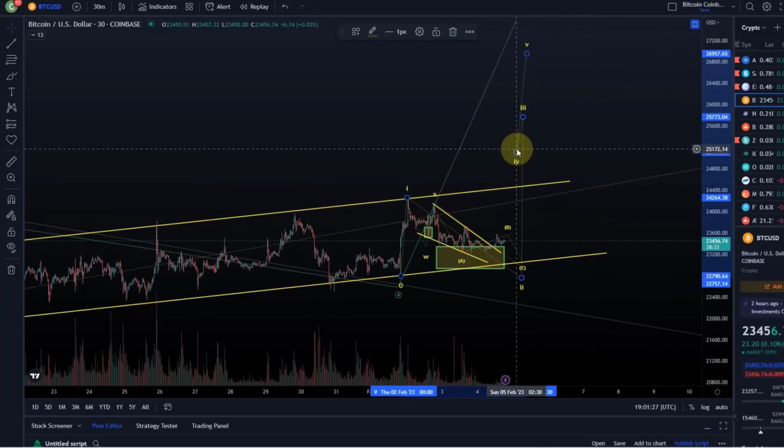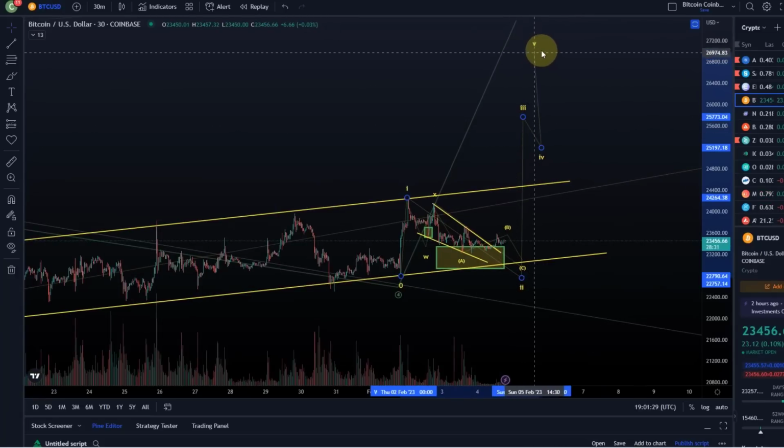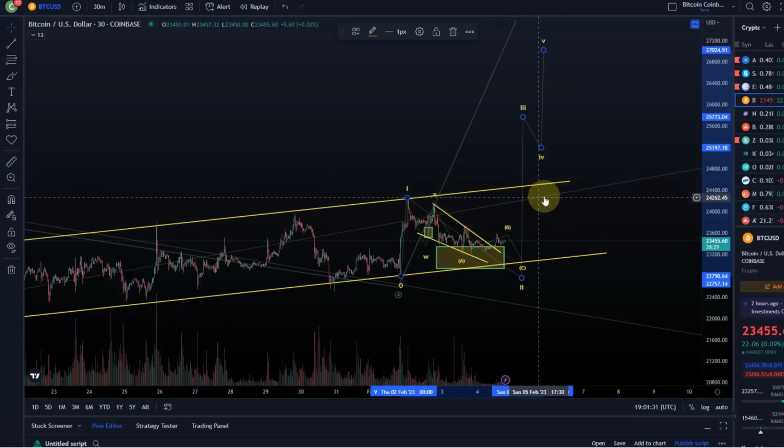I say that very often as well. If you have to think about a count too much, it probably doesn't give you an edge anyway. It could just be a simple ABC. What is important to understand is which fib levels are relevant here based on this count. And I gave you the key support zone.